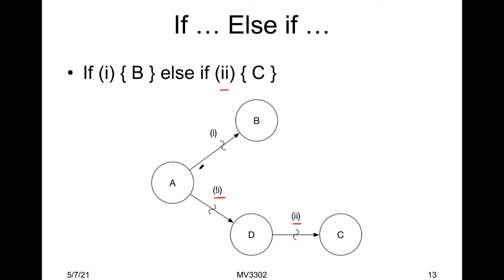Here's an alternate way. I could simply schedule a C and have as my condition not I and II.